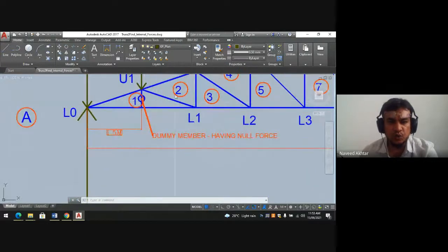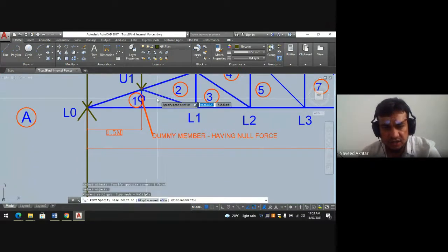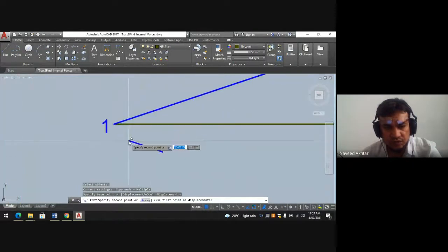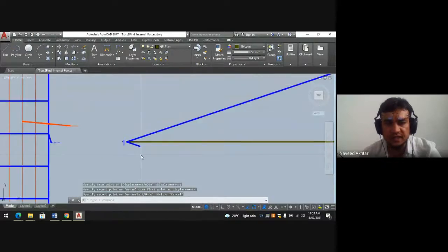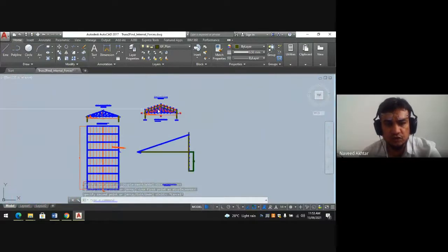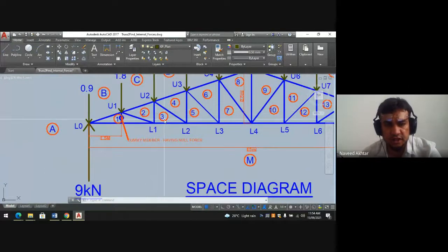Again, 1 to 2 is this line, so from this the parallel line will be drawn. So I will draw the parallel line against this. 1 से 2, this parallel line 1 to 2, and 2 to 3 is vertical line, and 3 to M is horizontal line.